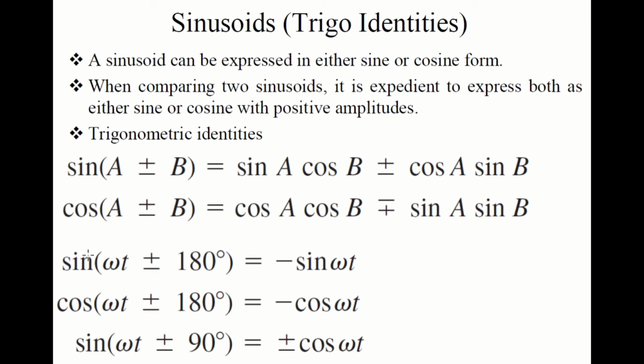For example, sine of wt plus or minus 180 degrees is basically equal to minus sine wt. These are trigonometric identities which relate the sine and cosine forms.